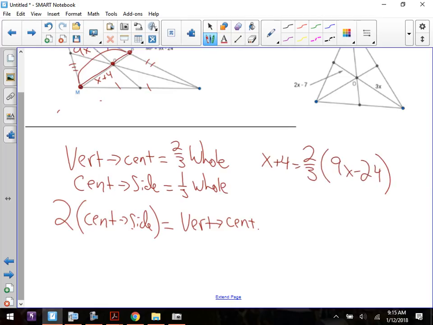And do you guys remember how to use the fraction bar in your calculator? Yeah. So when you're using your fraction bar on the calculator, you would have to multiply that 2/3 to both the 9 and the 24.